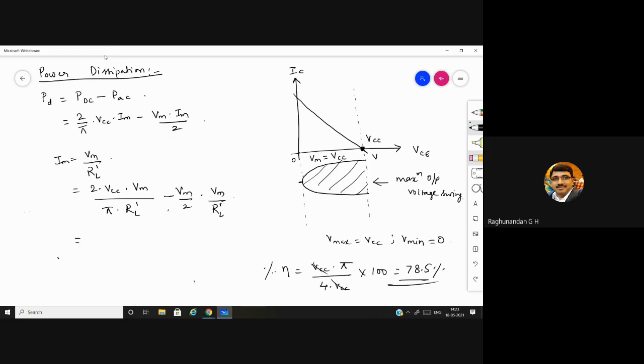So this gives 2 by pi into VCC into Vm by RL dash minus Vm square by 2 RL dash. So take this as equation number 1. So this is PD.